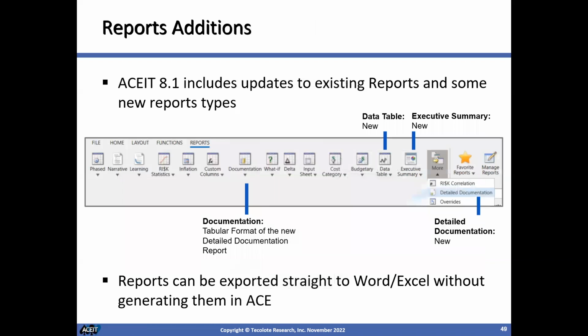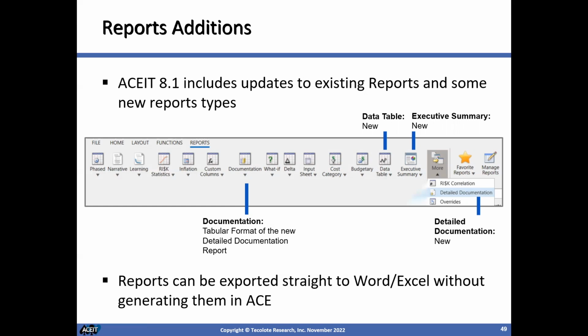So that's the charts. We've also had a couple of additions to reports. We've added a new report for data tables. We've added a new detailed documentation report, and we've added some reports under documentation that are basically the tabular format of that detailed documentation report.